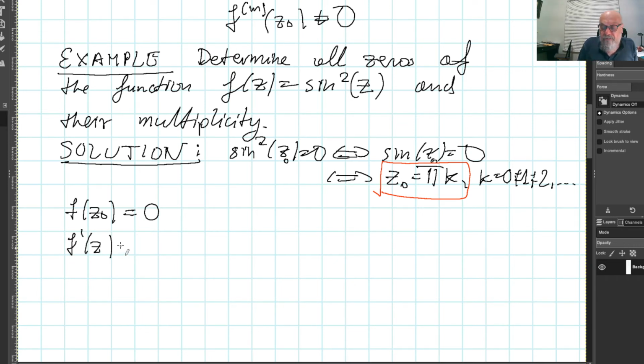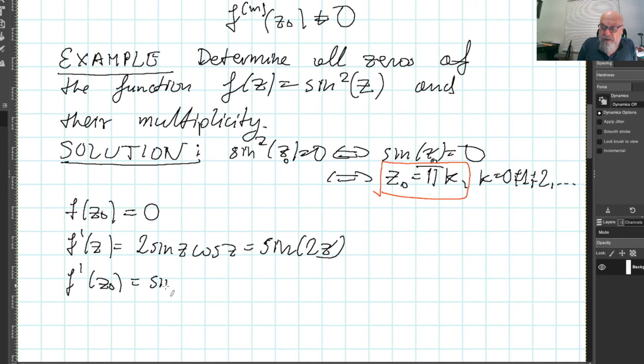We have f prime equal to 2 sine z cosine z, and this becomes sine of 2z. Then f prime at z0 is sine of 2 z0, which is sine of 2 pi k, and that of course is 0.